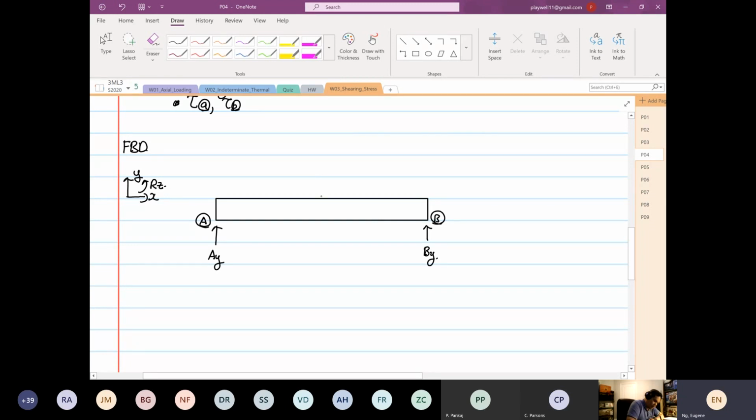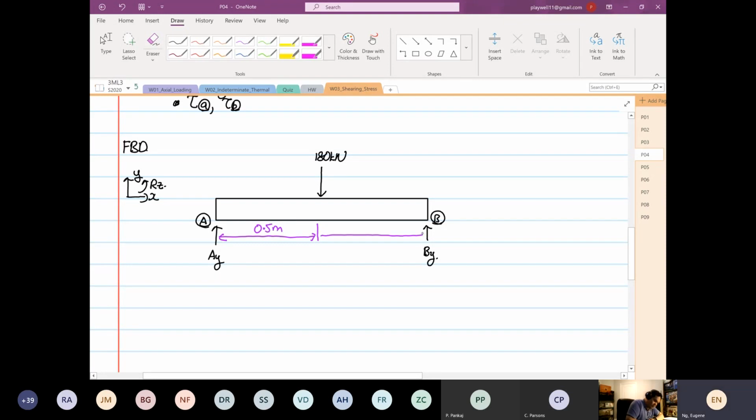at 180 kilonewton. Okay, we have it at 180 kilonewton, and we are aware that we have our respective distances. So this is equal to 0.5 meters, and then this is 0.5 meters.